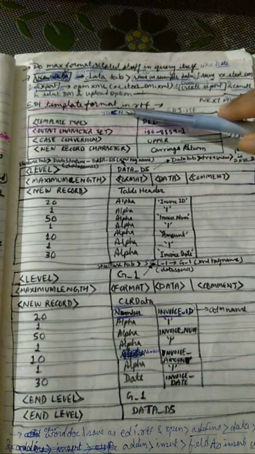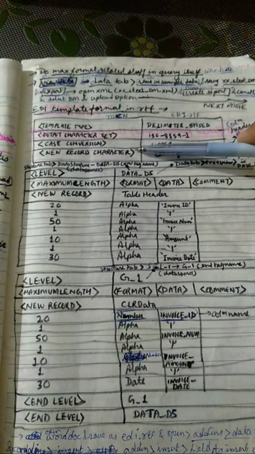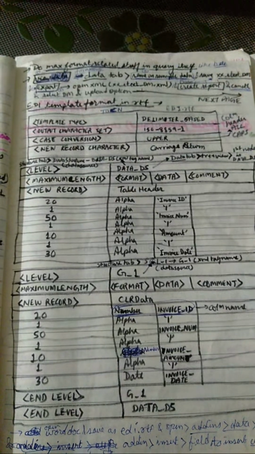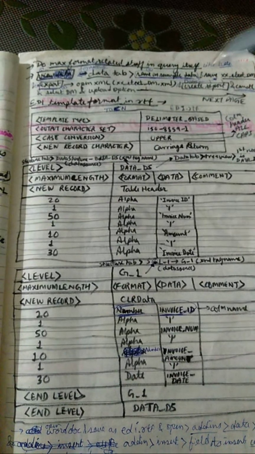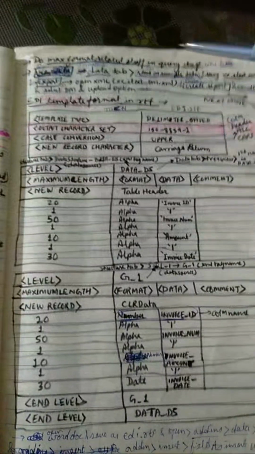This first portion is very lengthy and I've just taken the basic things. You can search in Google for eText template format, and it shows all the fields.